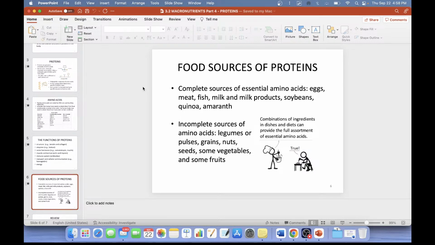For example, traditional dishes such as lentils and rice, pasta and beans, pasta e fagioli, which is one of the dishes of my own culinary culture. Help me out. I cannot remember what other combination of foods can provide the full assortment of essential amino acids.